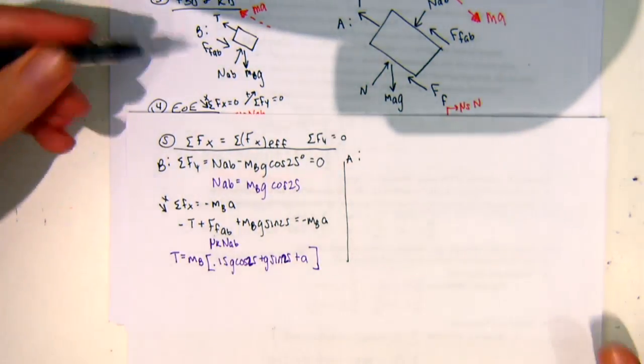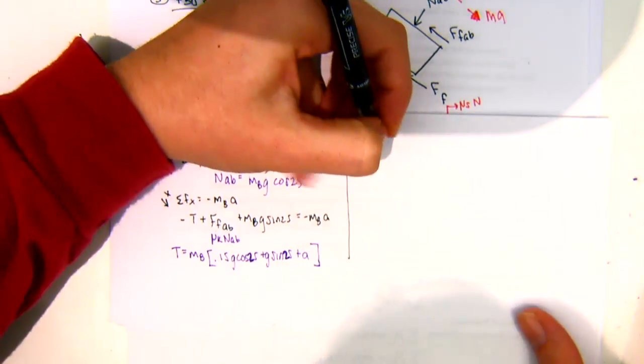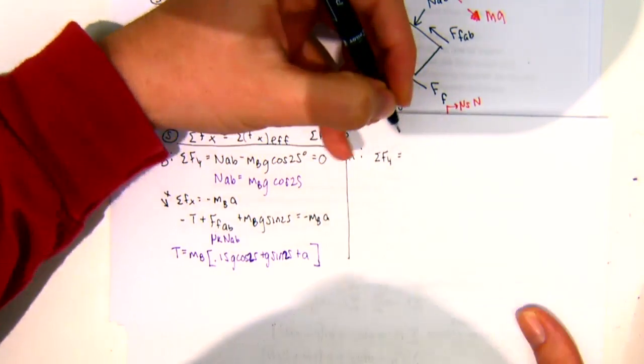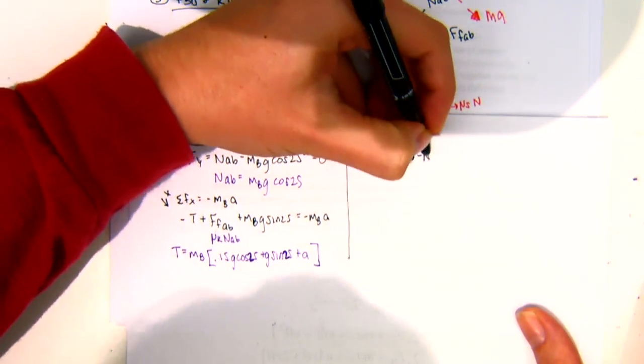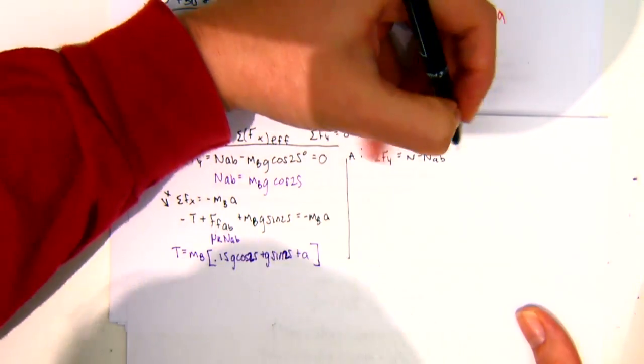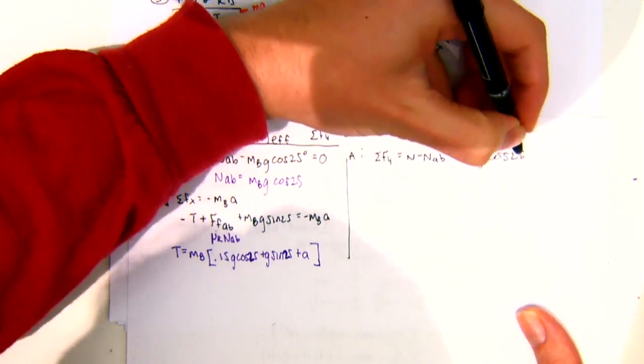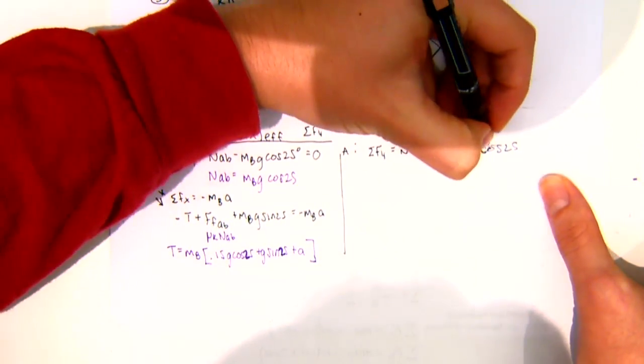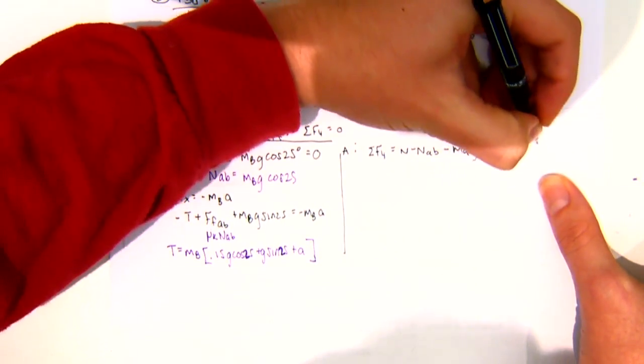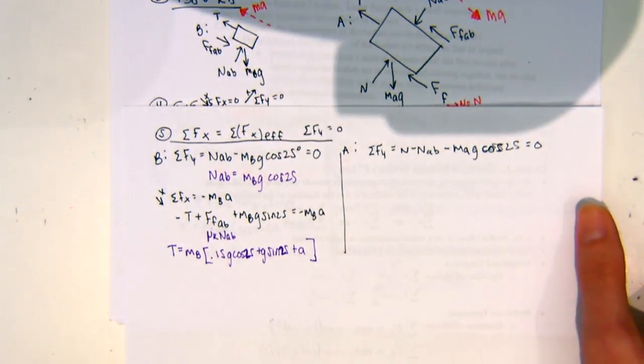So then if I look at block A, sum of forces in Y are equal to N minus NAB minus MAG cosine of 25 equal to 0.